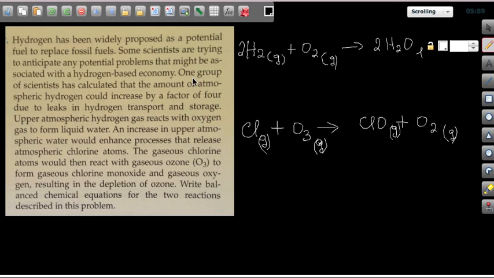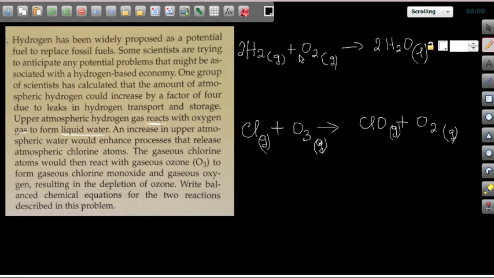One group of scientists has calculated that the amount of atmospheric hydrogen could increase by a factor of 4 due to leaks in hydrogen transport and storage. Upper atmospheric hydrogen gas reacts with oxygen gas to form liquid water. This is the first chemical reaction. Hydrogen gas reacts with oxygen gas to form liquid water.